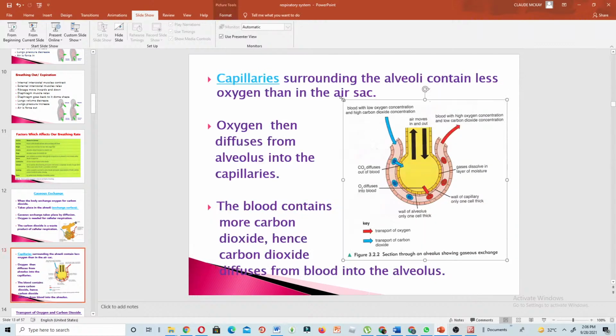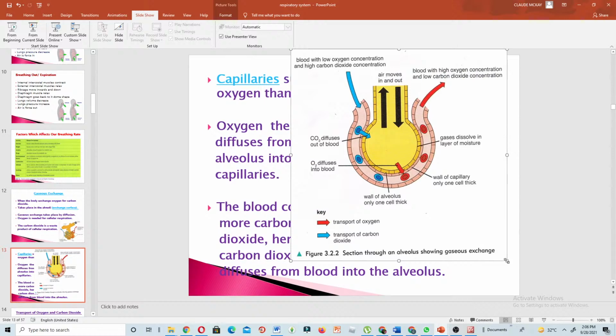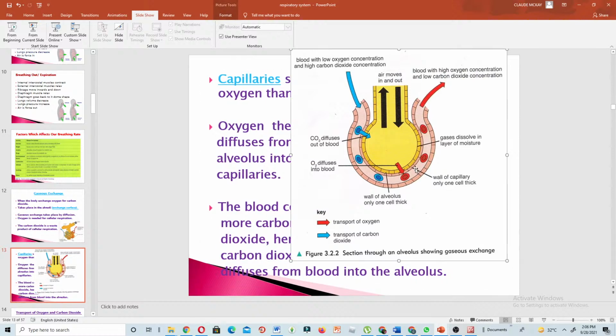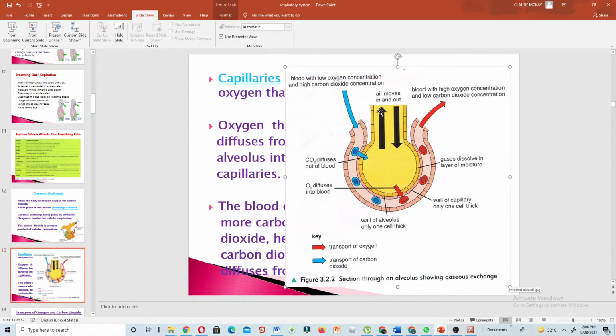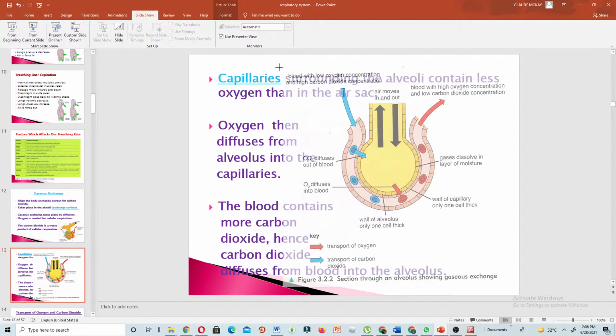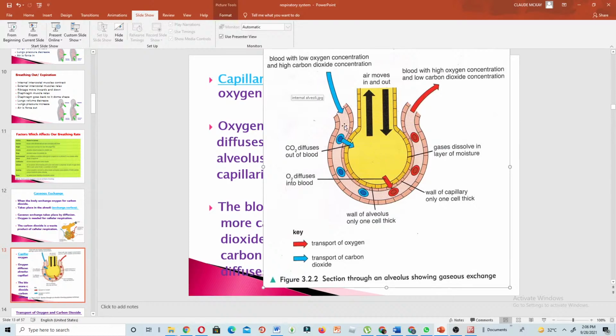And this diagram gives you a better explanation of what is known as gaseous exchange. The yellow section of the diagram that you are seeing represents an example of an alveolus, while the tube going right round and making a circle around the yellow section, which I said is known as the alveolus, is a blood vessel.